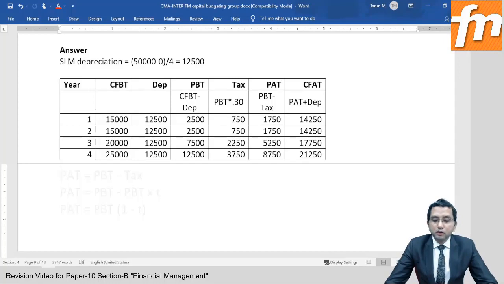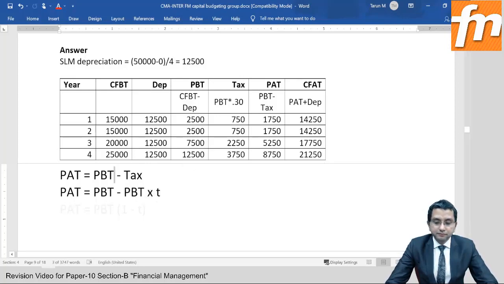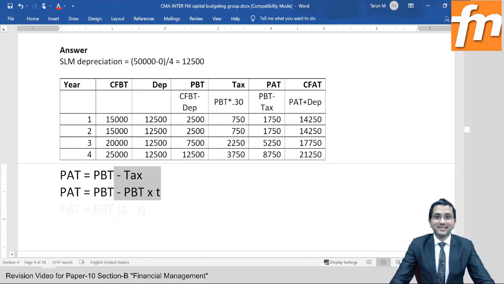Okay, now let me give you a very simple tip. How do I calculate profit after tax? It's profit before tax minus tax, obviously. How do I calculate the amount of tax itself? It is simple.